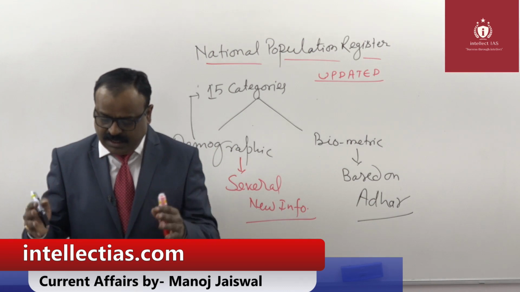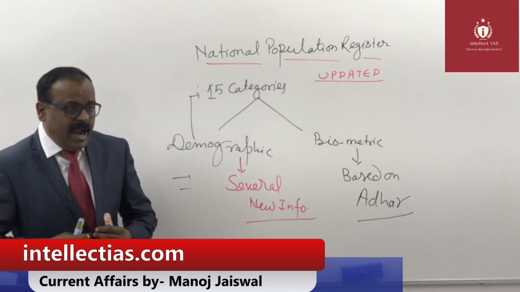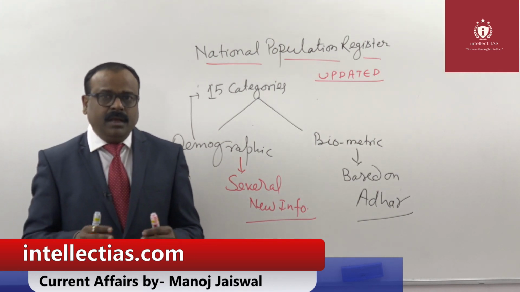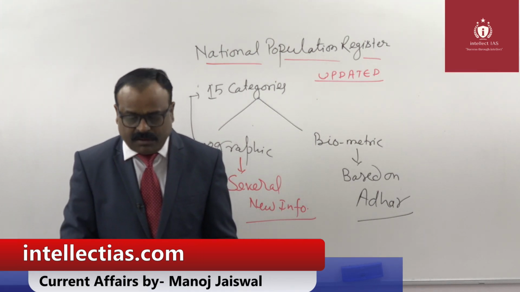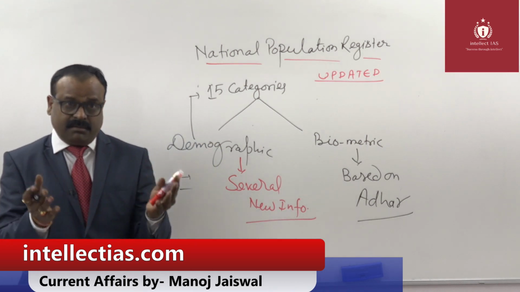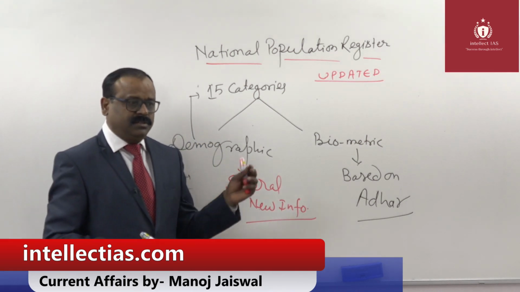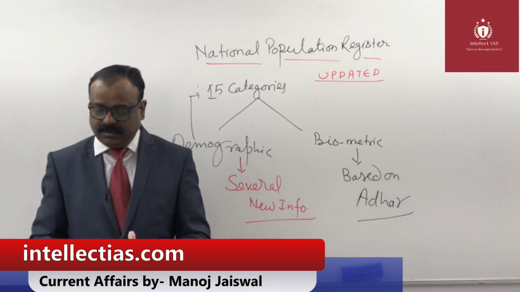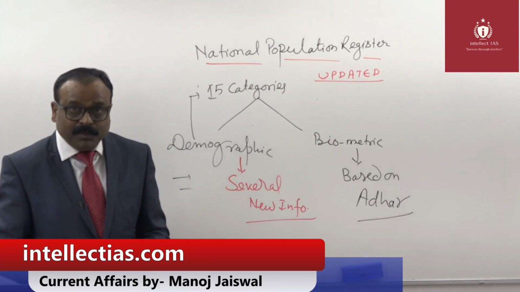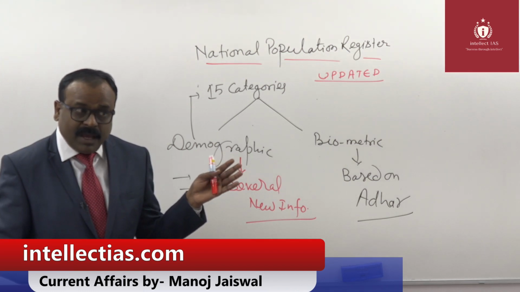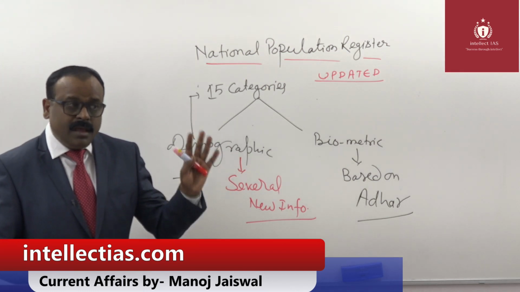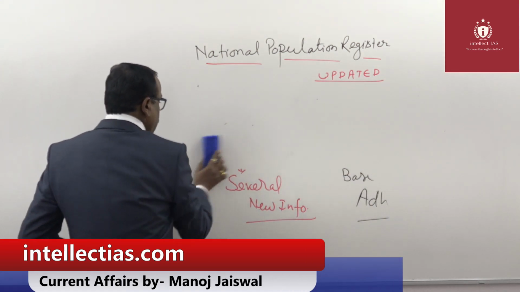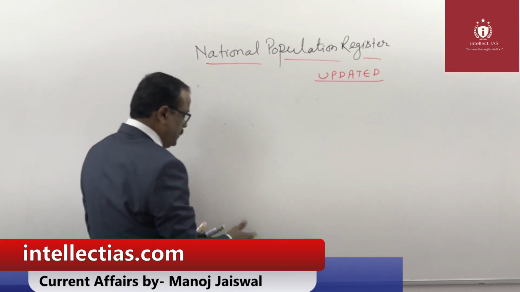There are 15 categories. And the test run which is being done by the RGI, the Registrar General of India, the authority which is conducting this NPR as a pilot project. As a pilot project, the updation of NPR is already started in 1200 villages and 40 towns and cities.